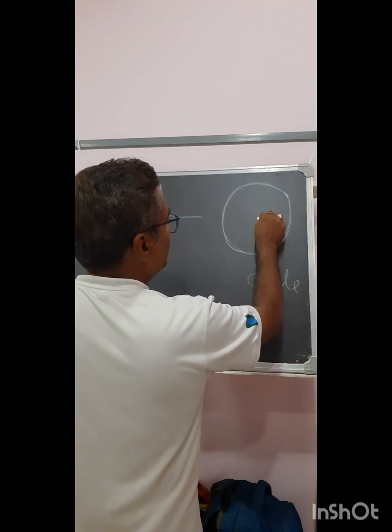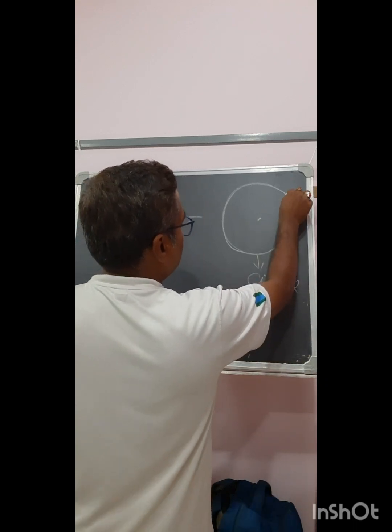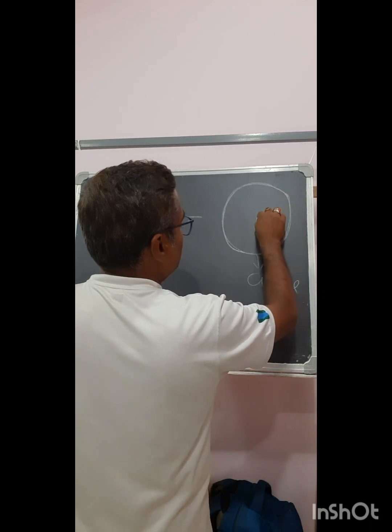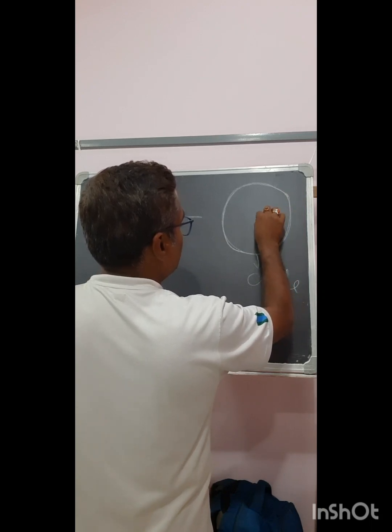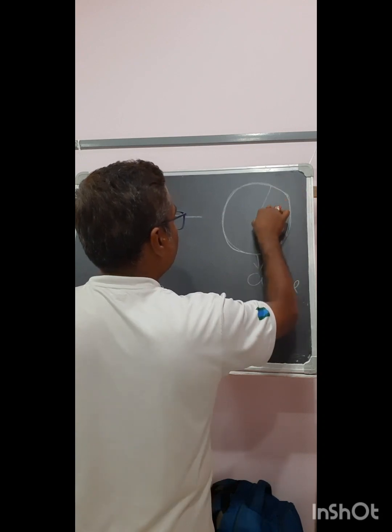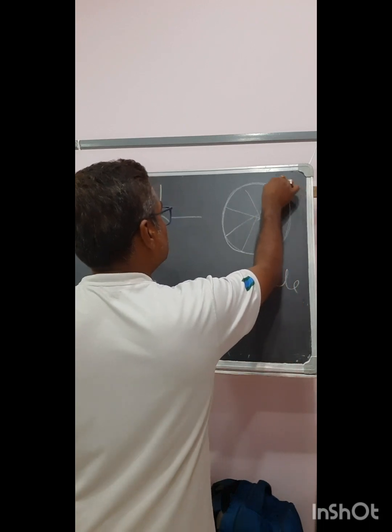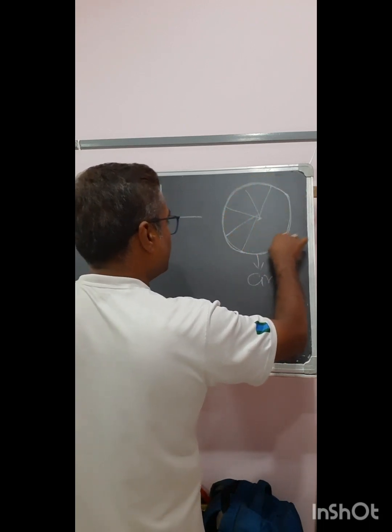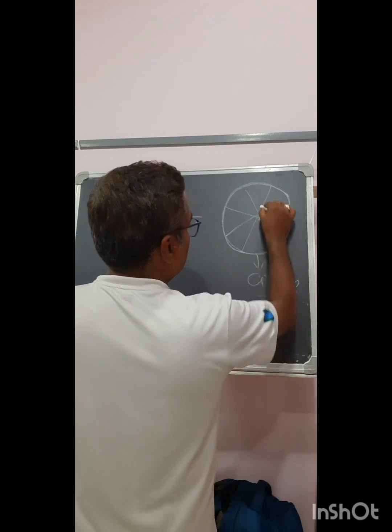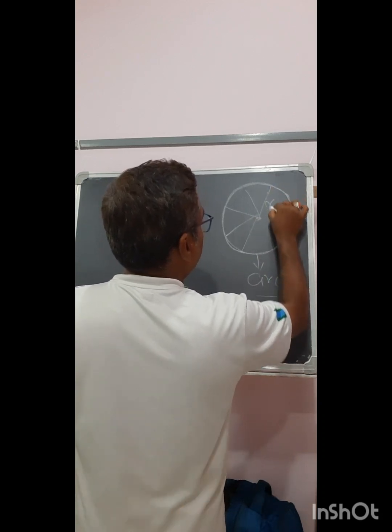So one point is fixed, another is moving such that it maintains equal distance from the fixed point always, and the path it forms during movement is a circular path, and this distance is called the radius.